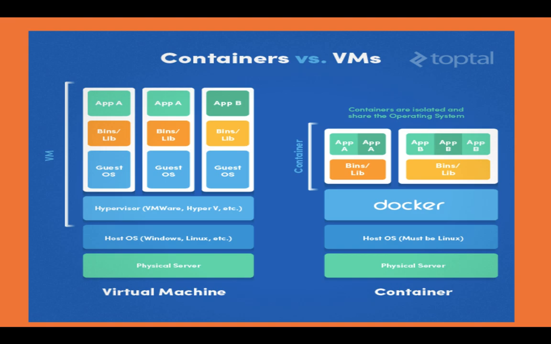On virtual machines, we have a hypervisor, which can be VMware, Hyper-V, or any other software which supports hypervisor. On the container side, we have Docker, which is a container engine. On top of Docker, we can run multiple containers containing dependencies and software applications.